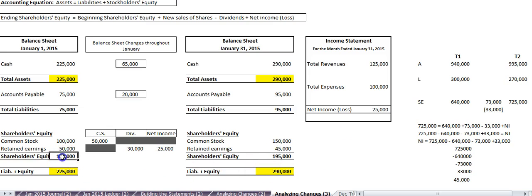And we go from 150 to 195. So let's see if that works. If I take 150, and I add 50,000 related to new shares sold, subtract 30,000 related to dividends given, and add 25,000 related to net income, there you have it, 195. So it does satisfy that formula as well.